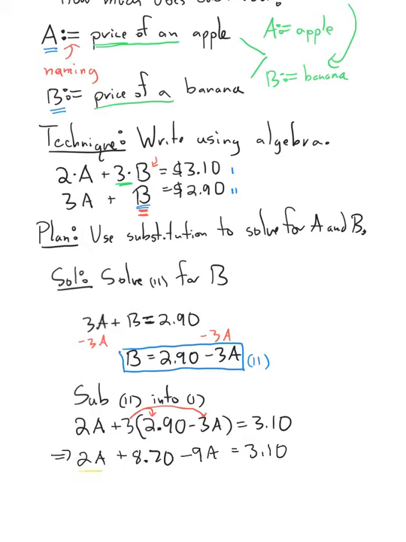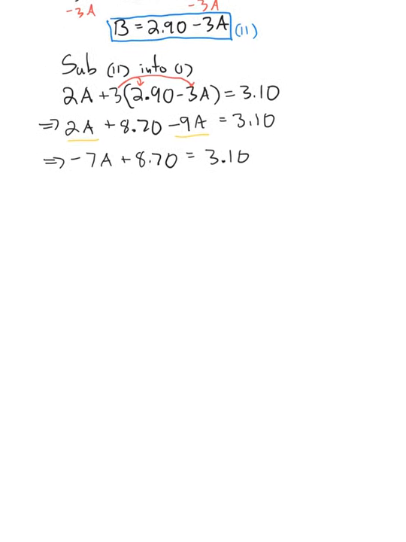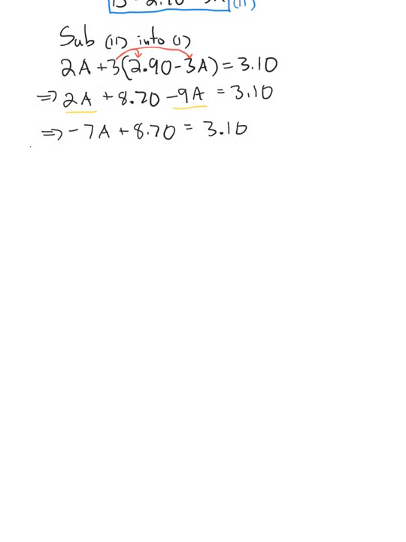Let's combine our like terms on the left-hand side. So we have 2a minus 9a is minus 7a plus 870 equals 310. Let's scroll down.